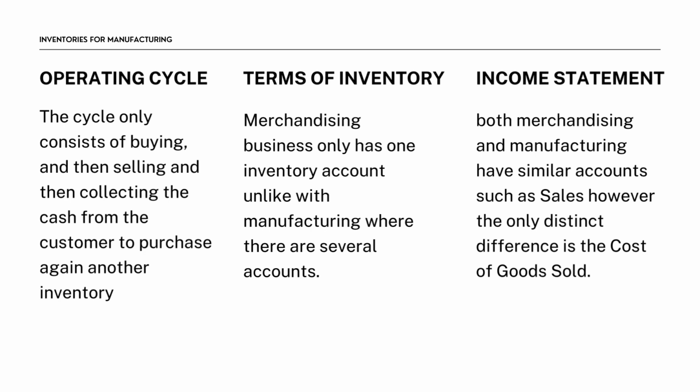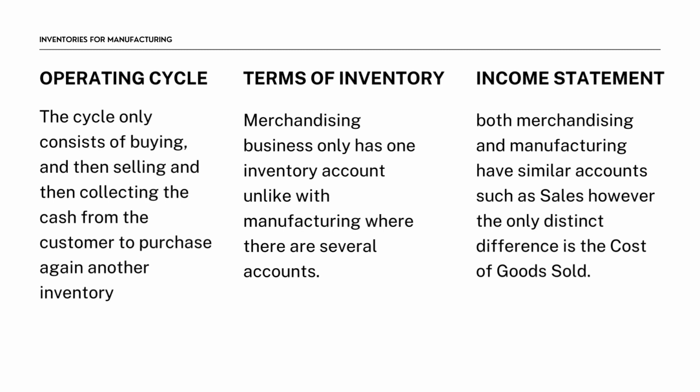So, in terms of inventory, a merchandising business only has one inventory account, unlike in manufacturing where there are several accounts. Later, we will be emphasizing the inventory accounts of a manufacturing business as well as the manufacturing costs.